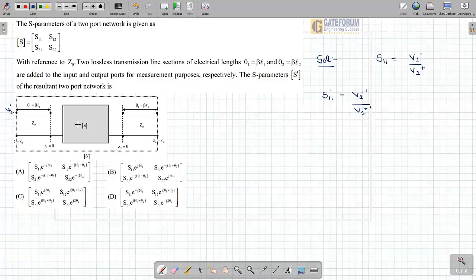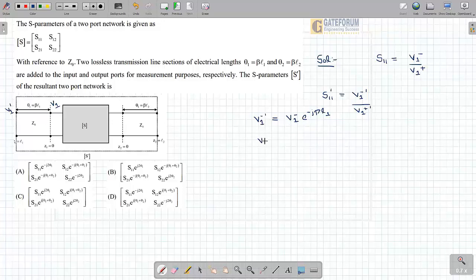Now what is V1 minus dash? These voltages are nothing but the voltages which have traveled further. Taking Z1 as 0 here, V1 minus dash is V1 minus, the voltage at this point, times e to the power j beta L1, that much extra phase which comes because of this length.